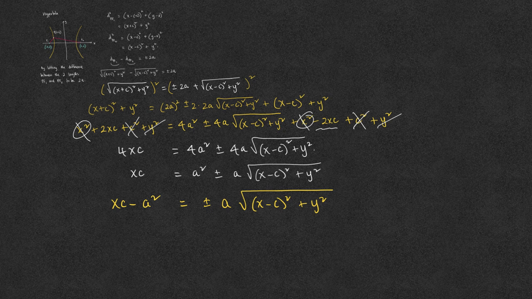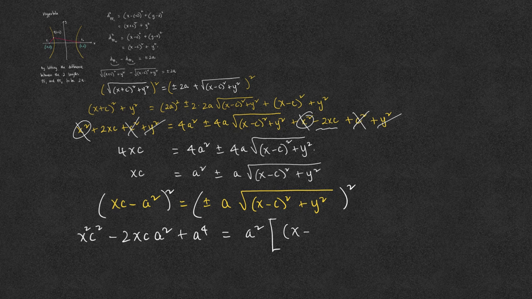We then square both sides of the equation to get the left-hand side is now xc squared minus 2xc times a squared plus a to the fourth, and the right-hand side is a squared times the quantity x minus c squared plus y squared.